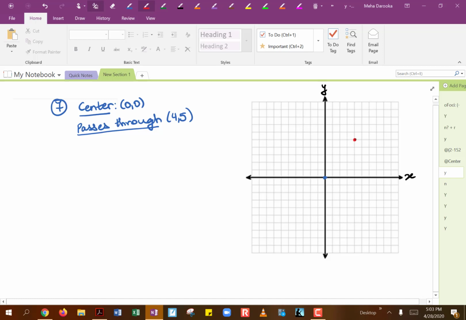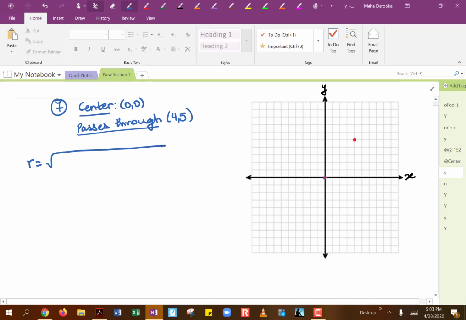So basically, for us to be able to come up with the equation of the circle, we need to find what the distance between the center of our circle and that point that it's passing through is going to be, right? So to find this distance, you need to use the distance formula, but instead of finding the distance, we are finding the radius.